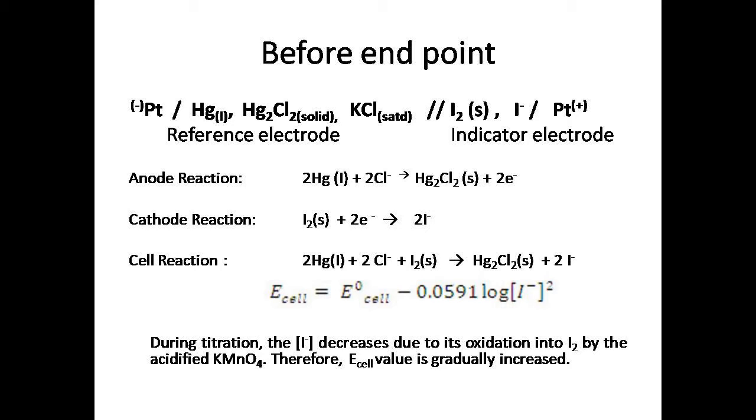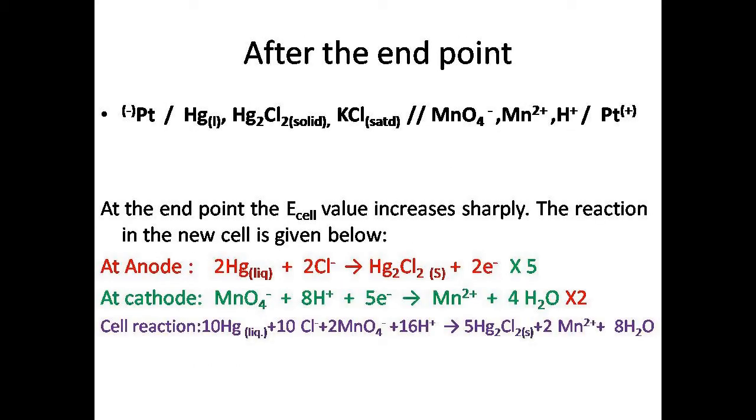During the titration, the I minus decreases due to its oxidation into I2 by the acidified KMnO4. Therefore, the cell potential gradually decreases. After the endpoint, after the consumption of all iodide ions present in the analyte solution, the cell setup is changed.